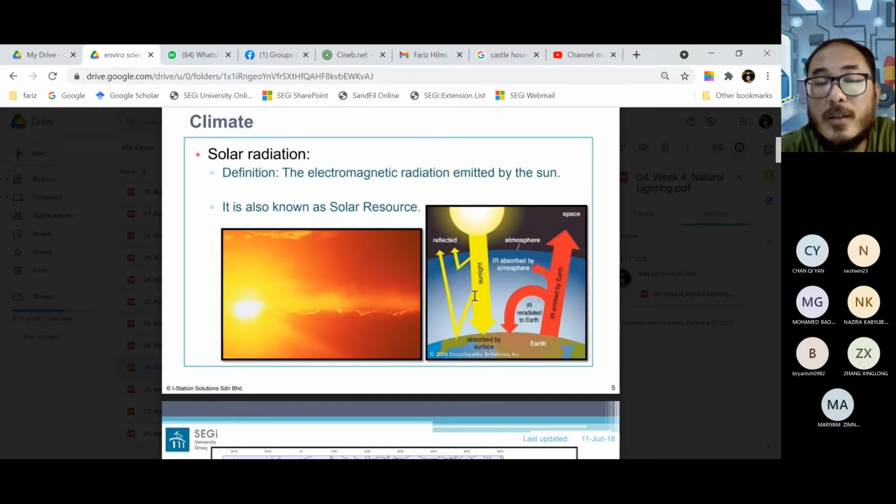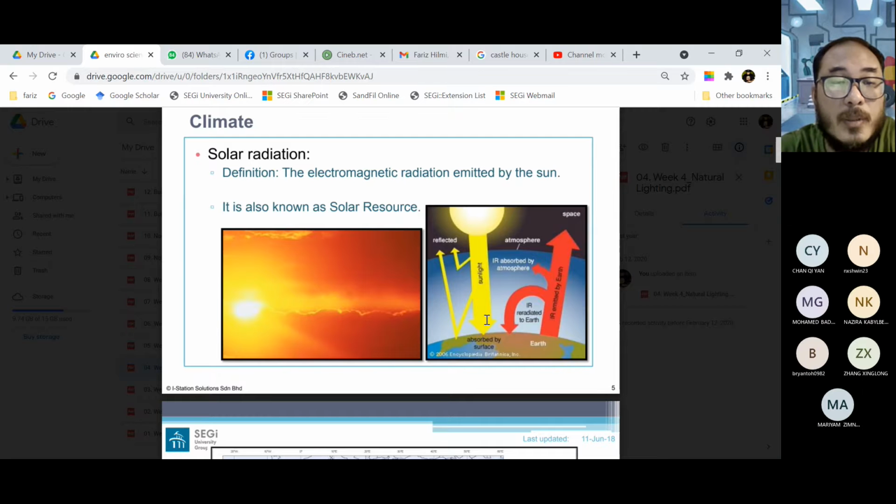And then in general, most of it will reflect on the surface of the Earth, depending on what kind of surface. Some is a water body, which has reflective elements, so it can reflect back to the atmosphere. Otherwise, it will be absorbed into the Earth.